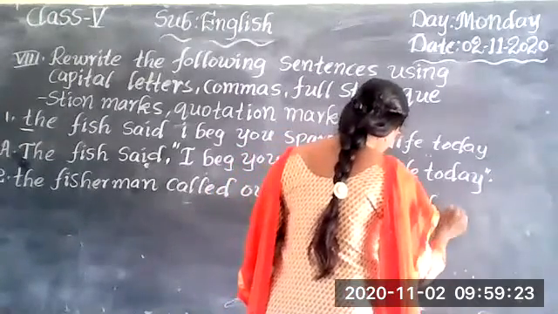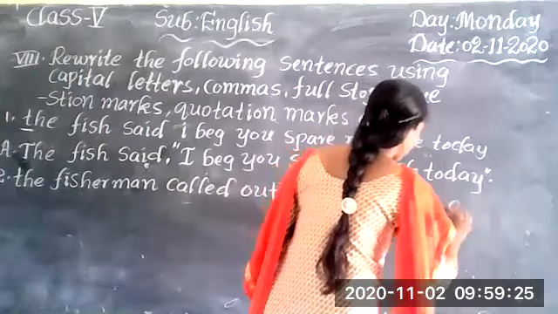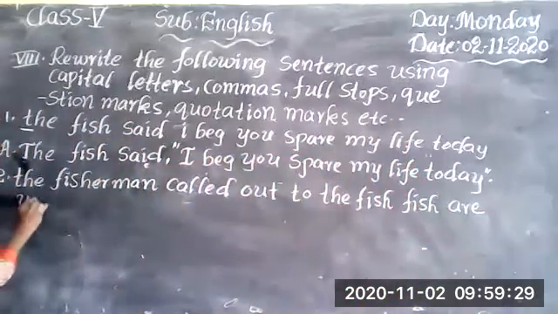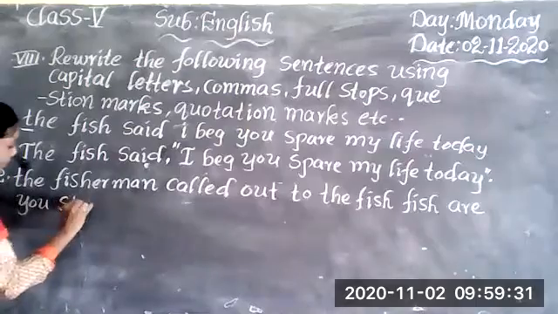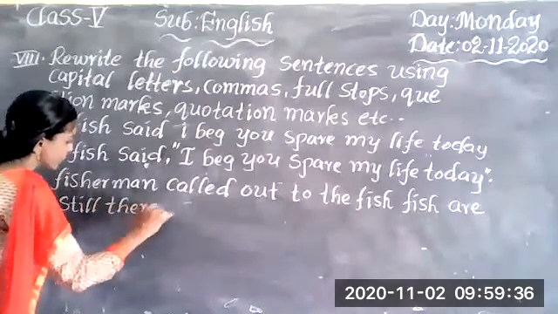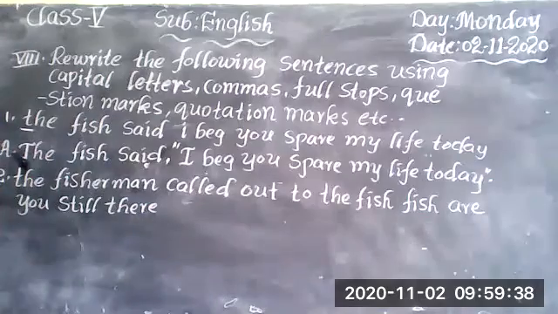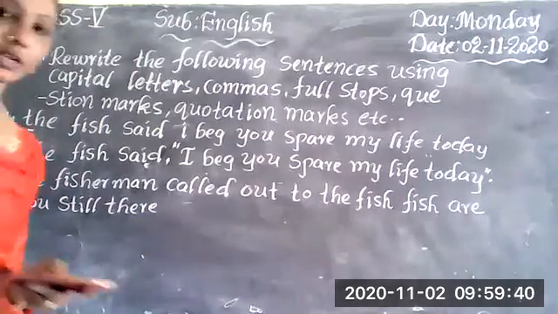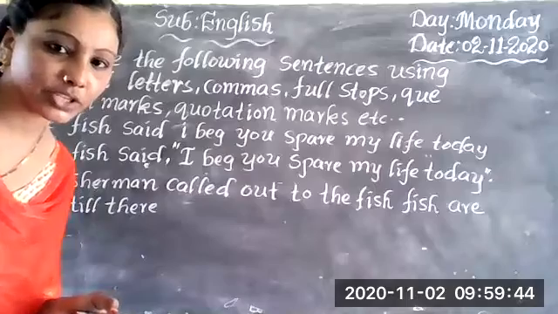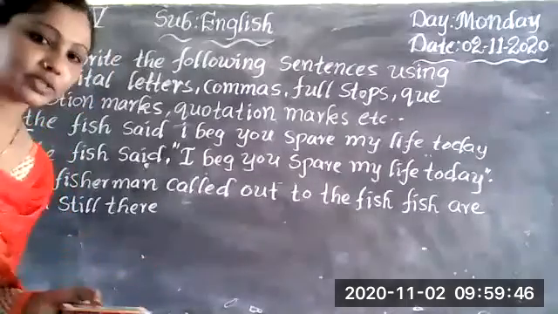Are you still there? So this is the sentence given. So what do we have to do? Someone already said, okay, the fisherman called out to the fish. Fish, are you still there?